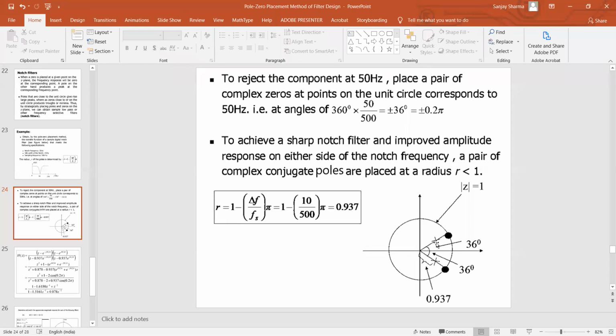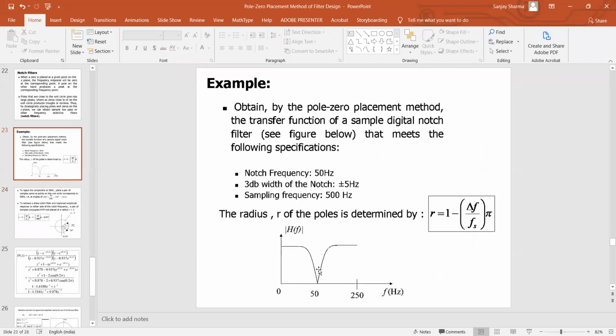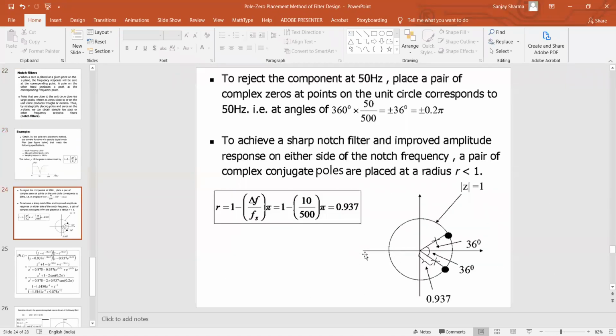So what will the poles do? The poles will achieve the width, and the zeros will take the response to 0, and therefore we get this shape of the notch filter. Is it correct? That is what the placement of zeros and poles is basically doing to the response of the filters.